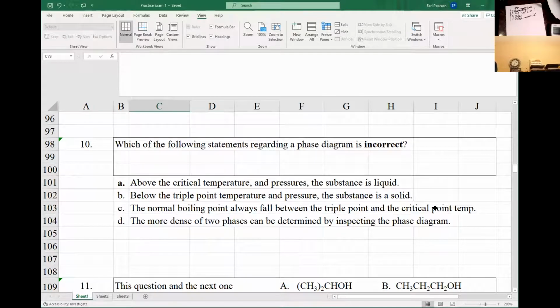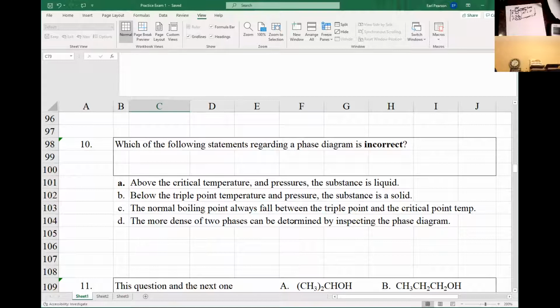That is true. Yes. The more dense of the two phases can be determined by inspecting the phase diagram. You can look at the slope of that line joining the solid to the liquid. If it goes top left and comes down to the right, it's sloping downward, called negative slope, then the solid will be less dense.